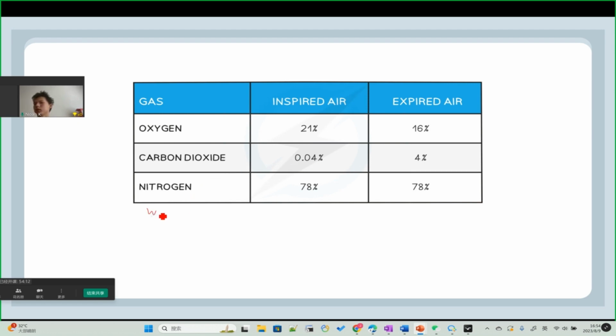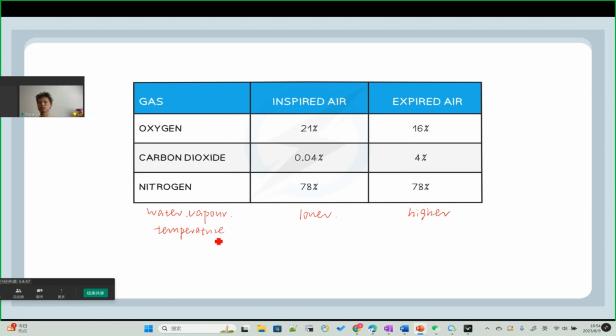So it should be water, right? And do you think the water concentration will be higher in inspired or expired air? Higher expired. Yeah. And because it's released from respiration, right? And then another one is called temperature.